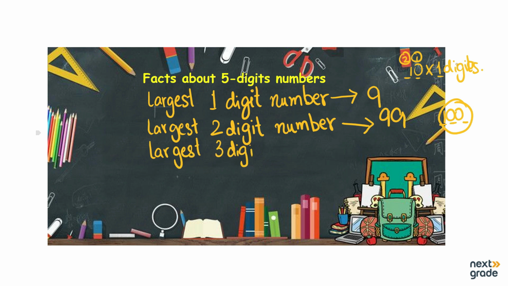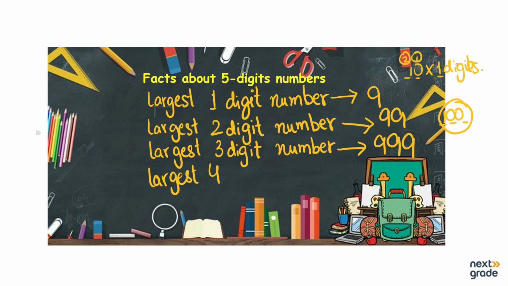Think about it. It's obvious, the largest 3-digit number is 999. Likewise, the largest 4-digit number is, that is right, 4 times 9.